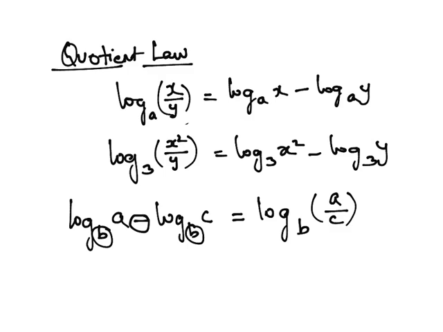So let us see some examples. For example, let's say log of 100x to the base 10 minus log of xy to the base 10. So you can see both the bases are same and it is in difference.